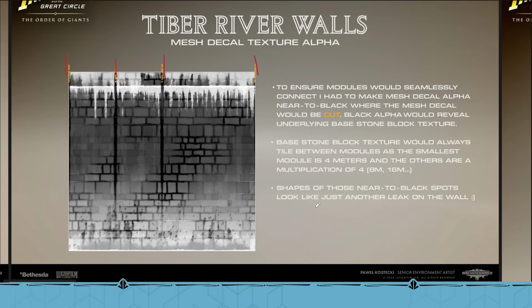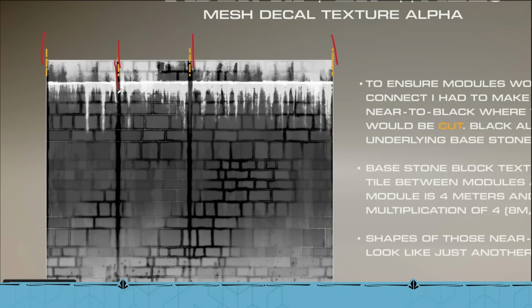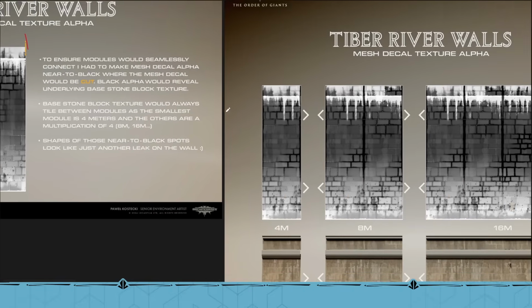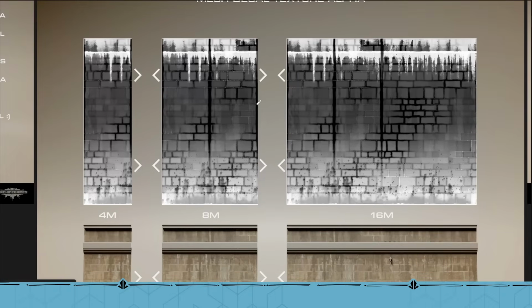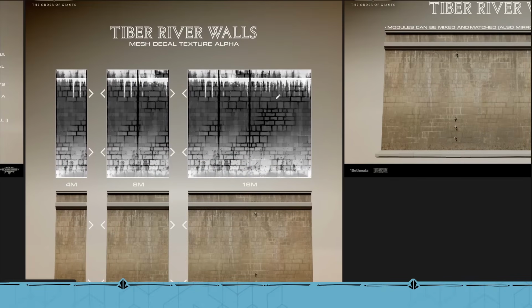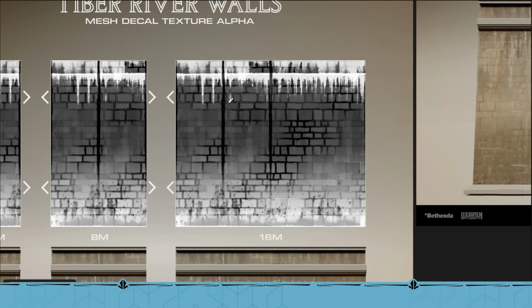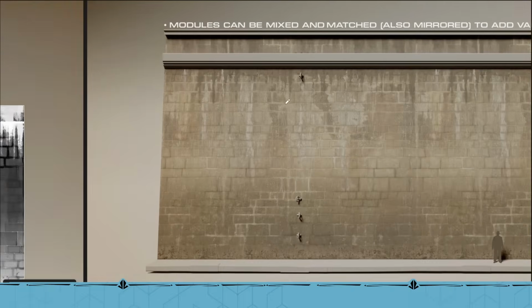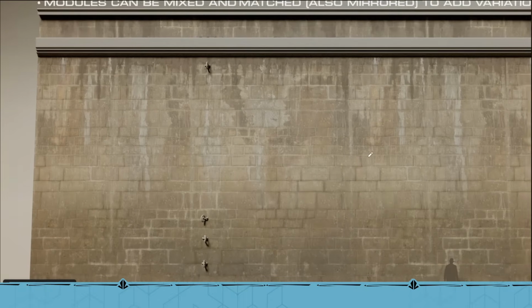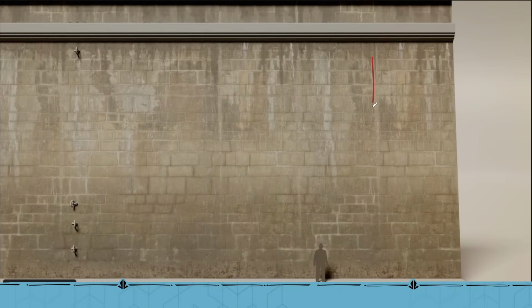Shapes of those near to black spots look like just another leak on the wall. So that is brilliant, right? Those sections that you see that are black, sorry, I don't want to cover it, and you have another one here, are what will connect all the pieces together, right? The texture alpha is allowing the artist to, we can see it here, right?